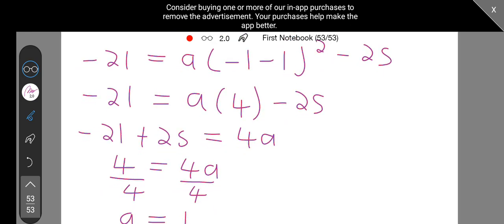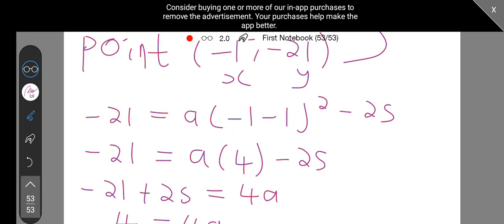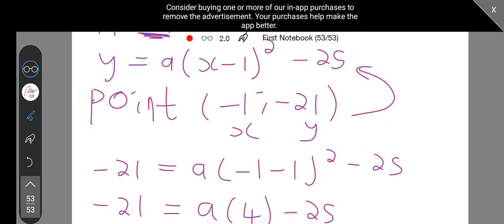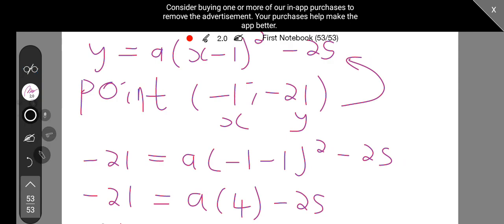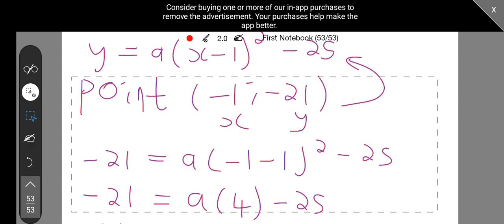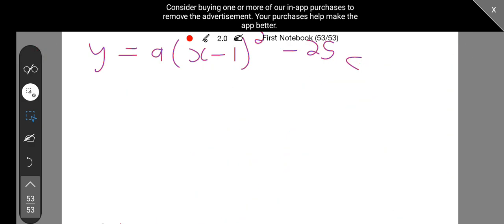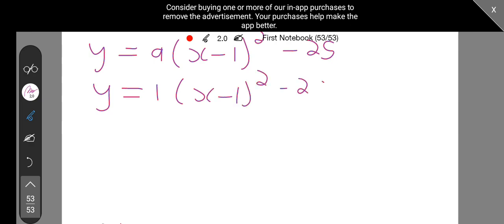Let's plug it in and erase from here, because we no longer need those things. So y is equal to 1 multiplied by (x minus 1) squared minus 25.